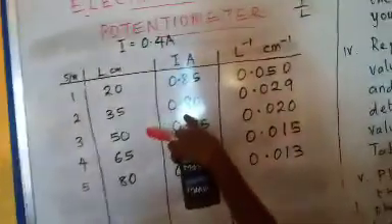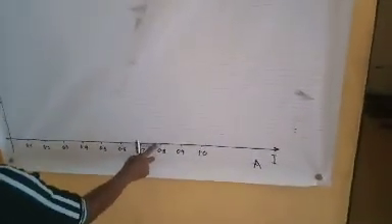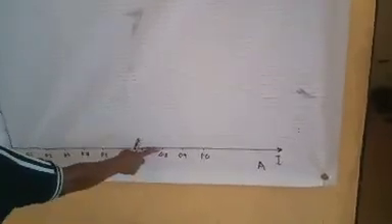The next one is 0.8. This is 0.8 and 0.025. Okay, now you have to be very careful with times 10 raised to the power minus 5.